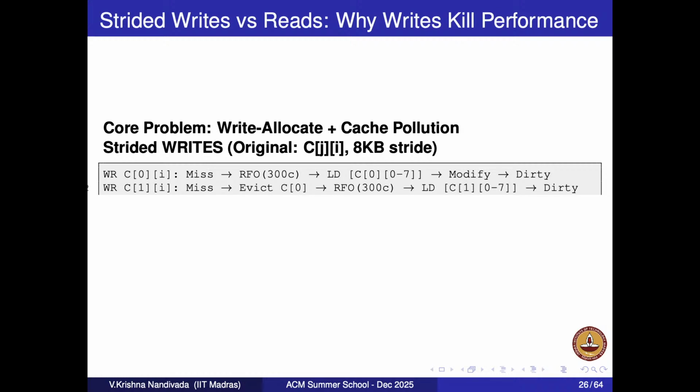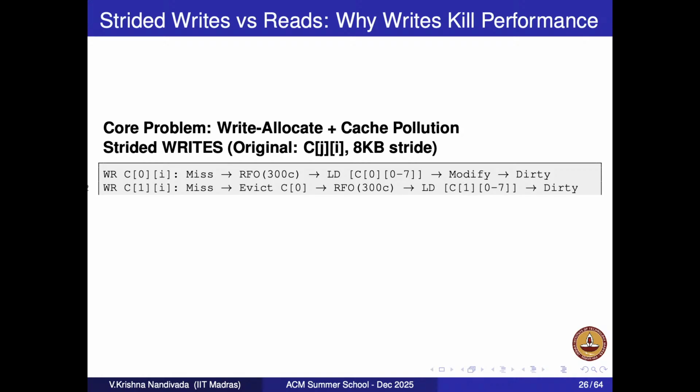There is a cache miss. If I do not have space in the cache, I may even have to evict this C0 that was brought in. This eviction requires writing back, and then again I say, I want a new cache line for overwriting. Then again I will load that thing, again modify and dirty. There is a modify that's missing here, sorry.